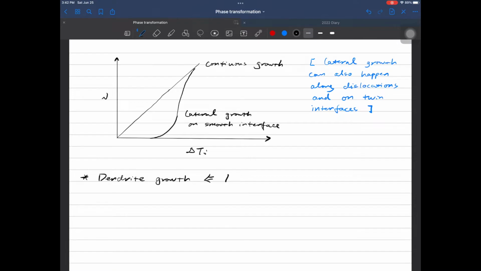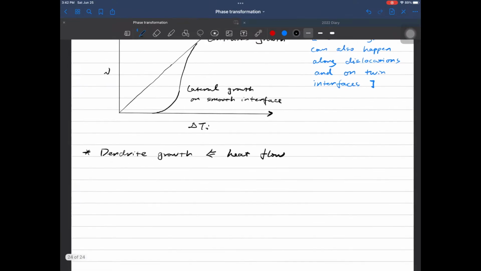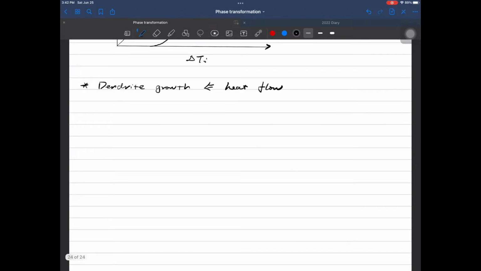The question we'd like to answer is why do we have dendrite formation during solidification? The key is the heat flow, which was ignored by the continuous growth and the lateral growth. Let's create a system. On the left, that's solid, and on the right, that's liquid. And the interface advances into the liquid phase. Let's also look at the temperature profile of the system.